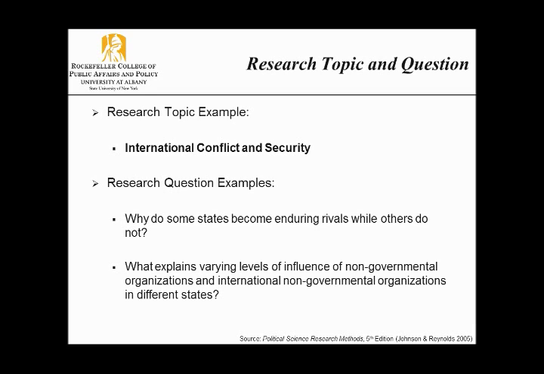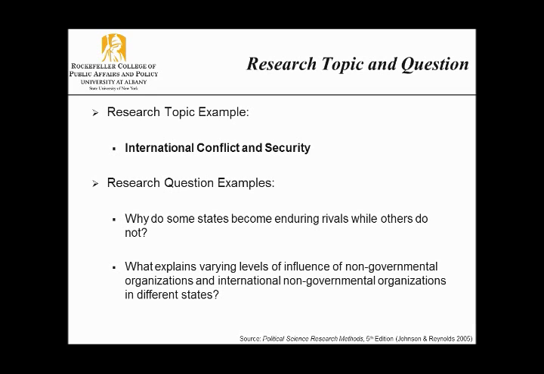The second question, while it seems to be doing the same thing, if you read closely into the question, you will realize that the question is not actually designed with a range of possibilities in mind, but it is looking for a singular answer. If you think about it, how can there be only one reason that explains varying levels of influence of NGOs in different states? There should be multiple answers, and these answers would most likely be intertwined.